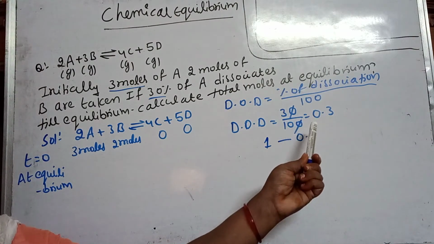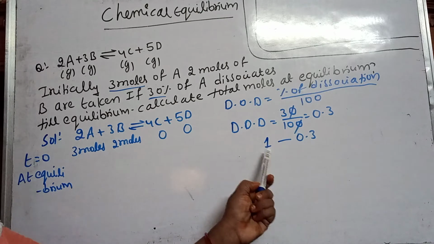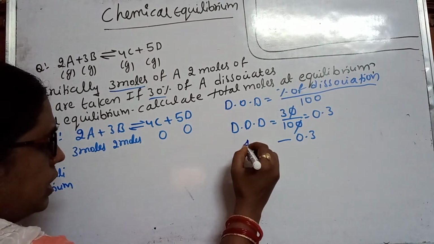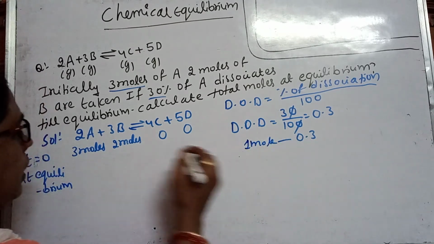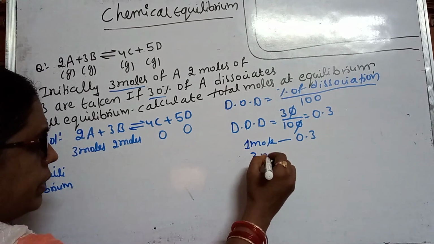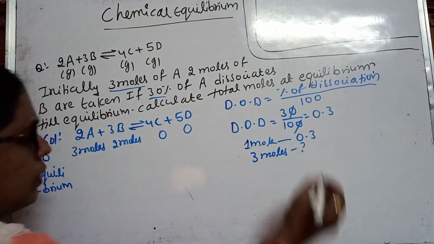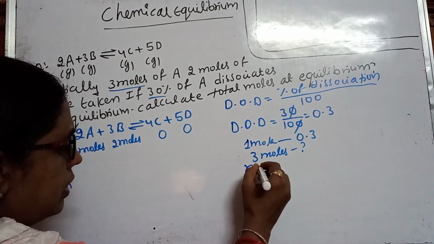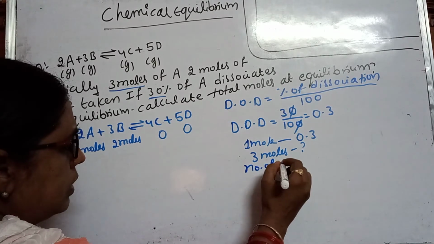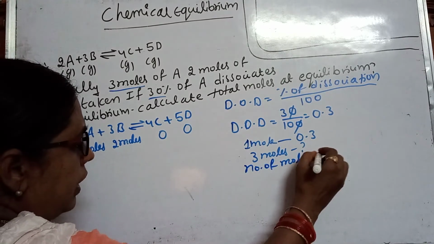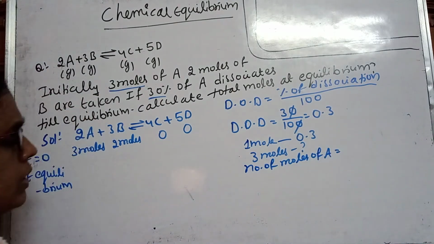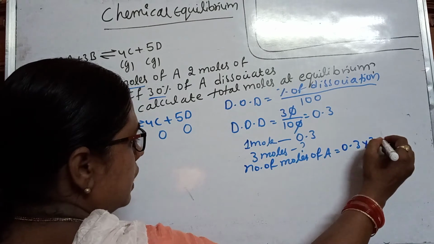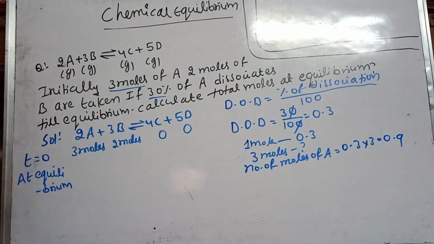The degree of dissociation for 1 mole is 0.3, so you have to understand. But in the problem 3 moles are given. So for A, the number of moles dissociated is 0.3 into 3, which is 0.9.